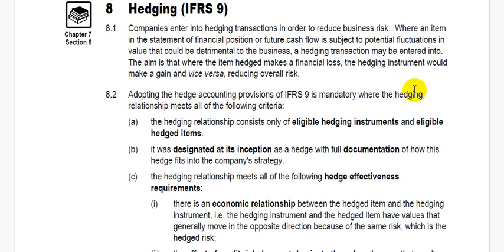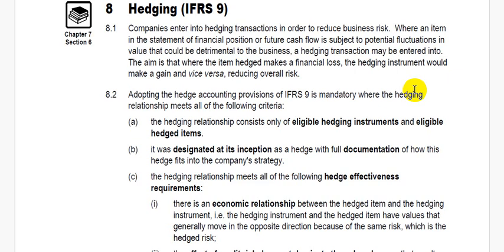So companies enter into hedge transactions in order to reduce business risk, in this case transaction risk, where an item in the statement of financial position or future cash flows is subject to potential fluctuations in value that could be detrimental to the business. A hedging transaction may be entered into.